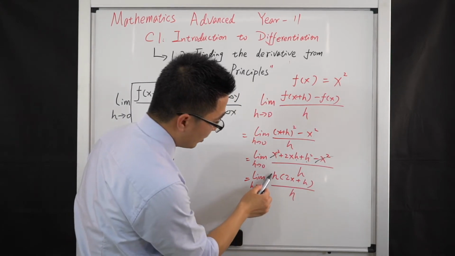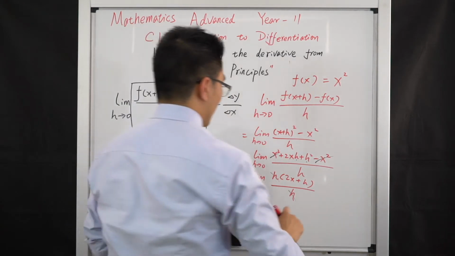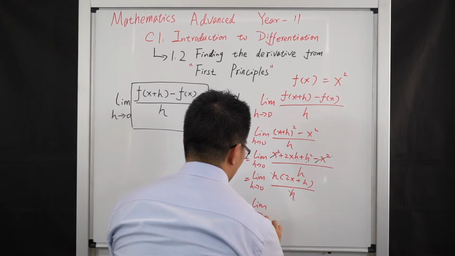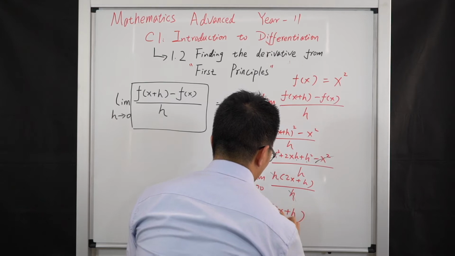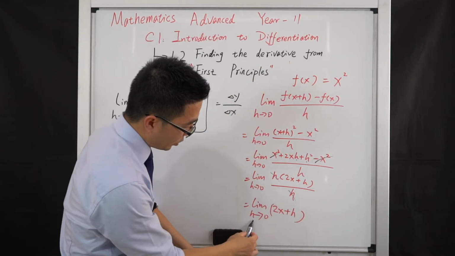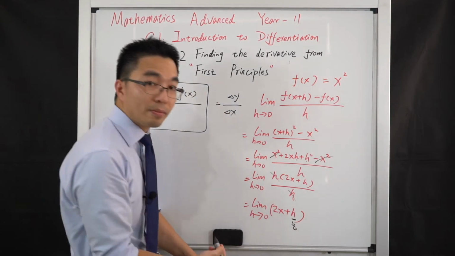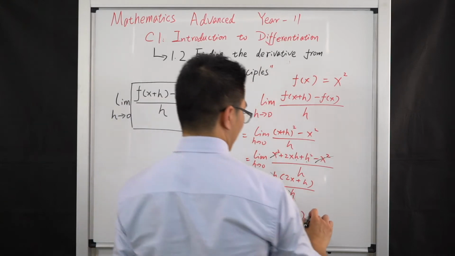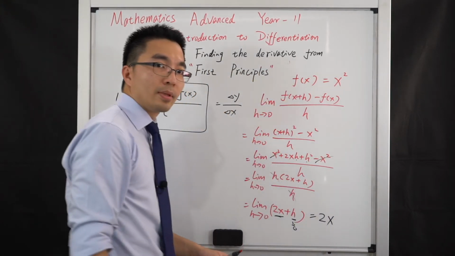Here we can eliminate the h from the numerator and the denominator. The last step, we have the limit when h goes to 0 of 2x plus h. When h goes to 0, this h goes to 0, right? This 2x, nothing changed. So the limit of this one would be 2x.